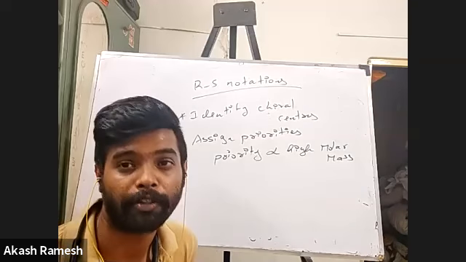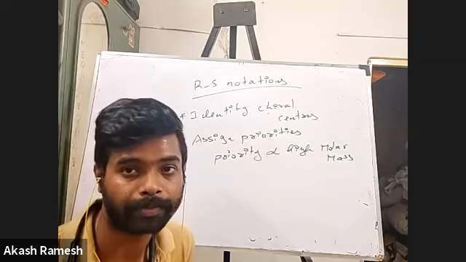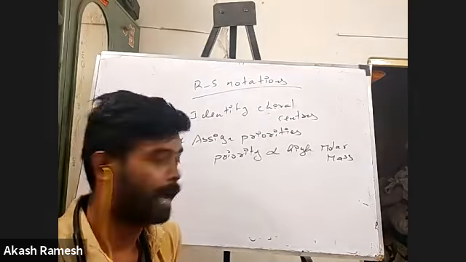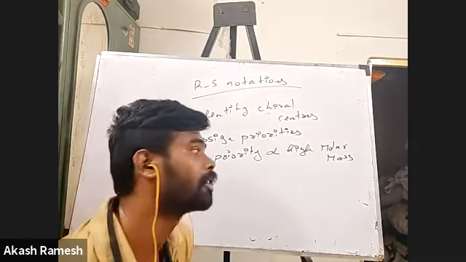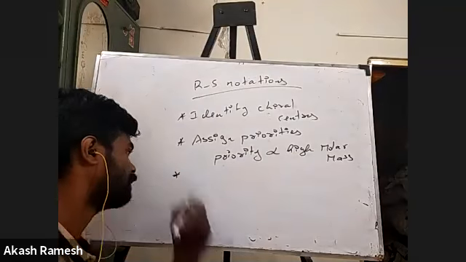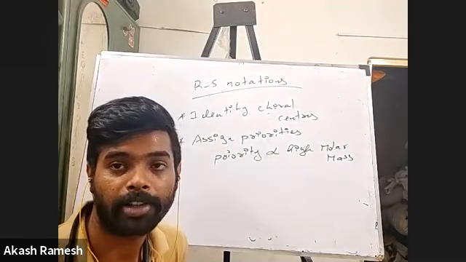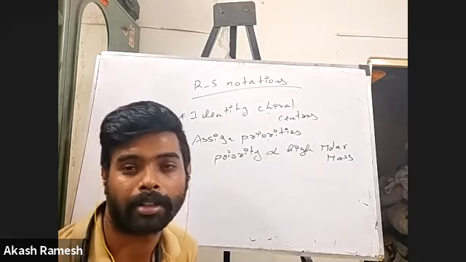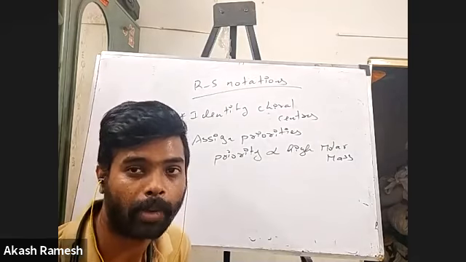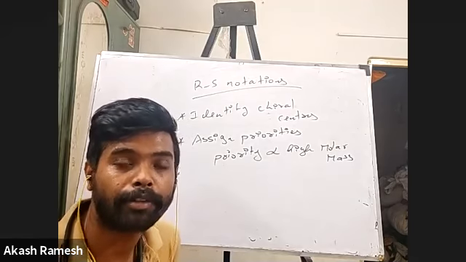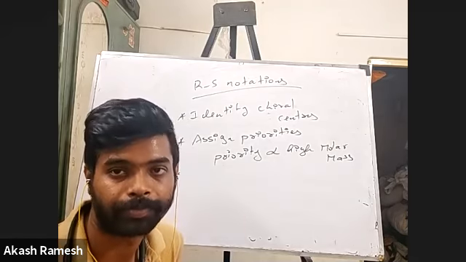Bulky in a sense, more weight or more molar mass. After assigning the priority, generally the fourth priority will be hydrogen, because I know the atomic mass of hydrogen is only one, right? So generally the fourth priority will be hydrogen.